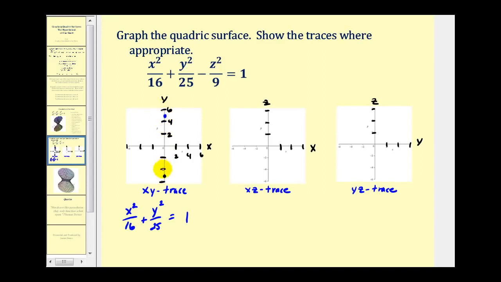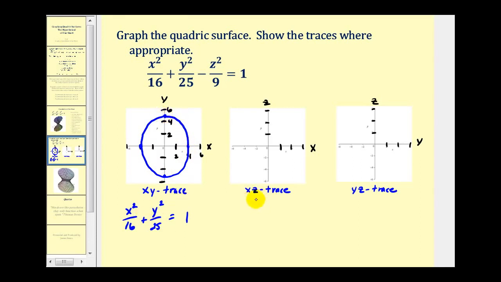Notice this is scaled by 2's. These will be the endpoints of the major axis. A squared is equal to 16, so a is equal to 4. So we'll go 4 units to the right and 4 units to the left. And the ellipse passes through these 4 points. So it looks something like this. This would be the xy trace.